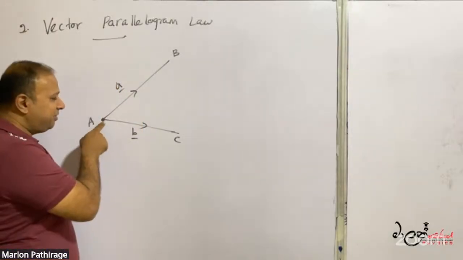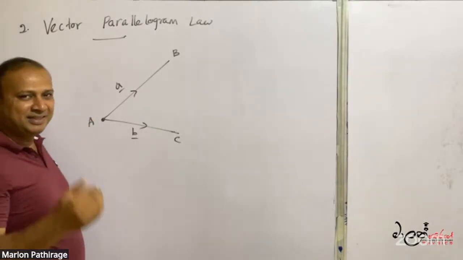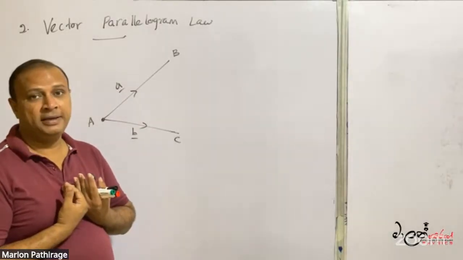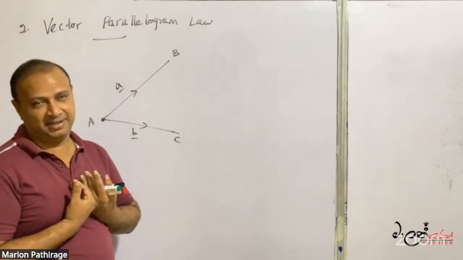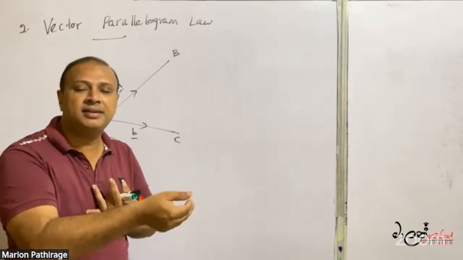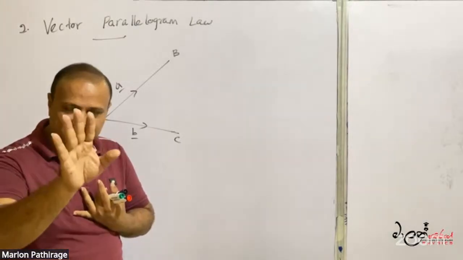Because the starting point of the second vector is equal to the starting point of the first vector. That is the problem. Therefore, in such cases, we cannot apply principle of vector addition directly. Actually, we can apply, but we cannot apply directly. Is that clear? If it is clear, please raise the hand.